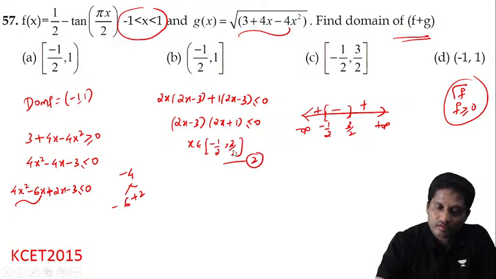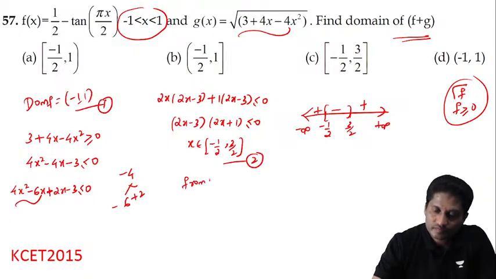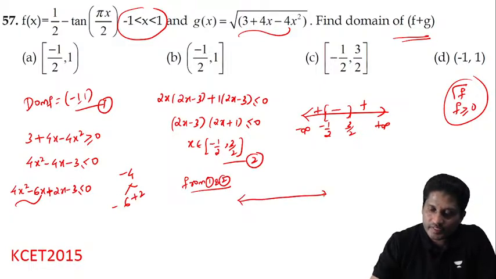Call this equation 2, and call this equation 1. Equations 1 and 2, minus infinity to plus infinity. Okay, first you get minus 1, then minus half, then plus 1, then 3 by 2. Minus half to 3 by 2, close interval.